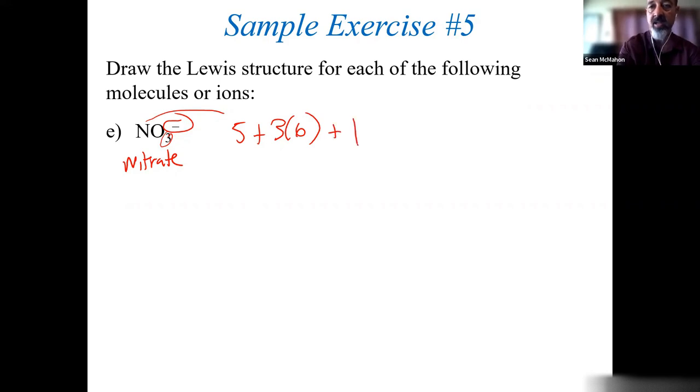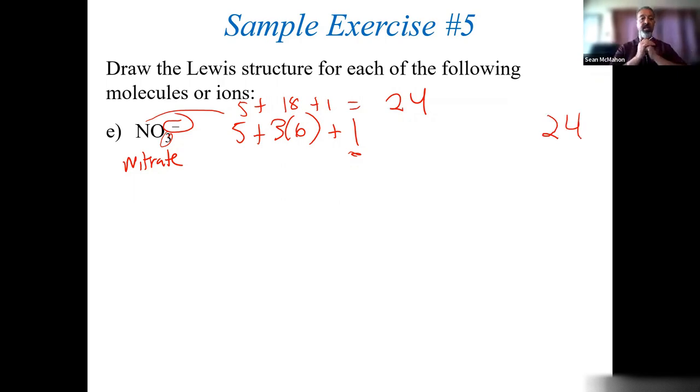Well, I'm adding 1 valence electron. The negative charge means there's 1 more electron. So that's why I have to add 1 more valence electron. And what do I get? 5 plus 3 times 6, 18, plus 1 equals 24 valence electrons. So I have a total of 24 valence electrons. I'll put that over here.